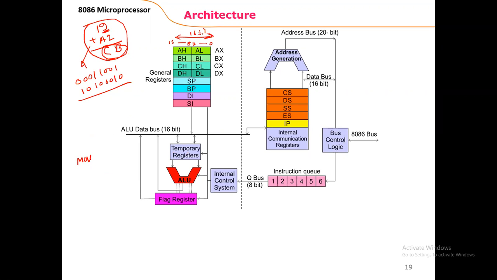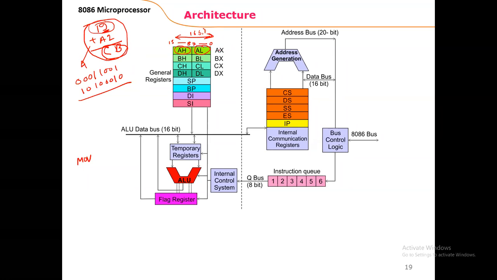Suppose this 19 is 8-bit data. If you use 8-bit, then AL or AH, BL or BH is no problem. These are 8-bit registers, different 8-bit registers.